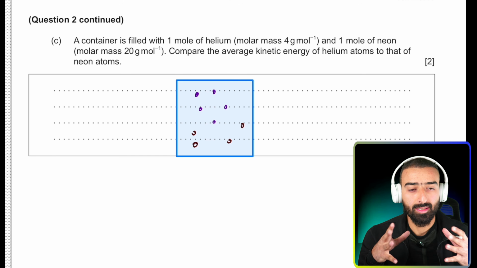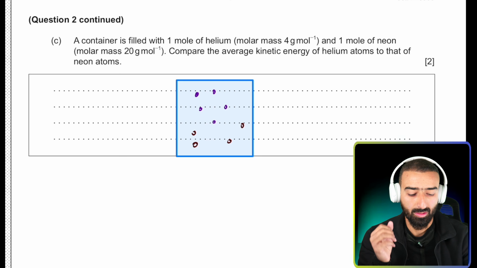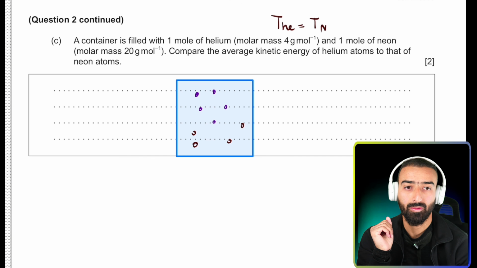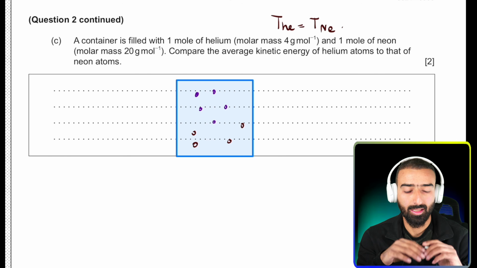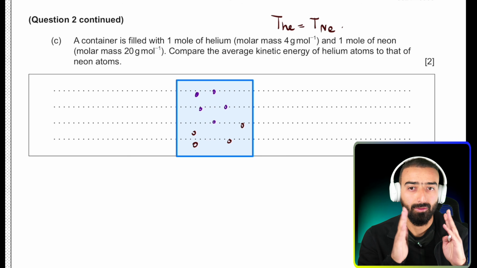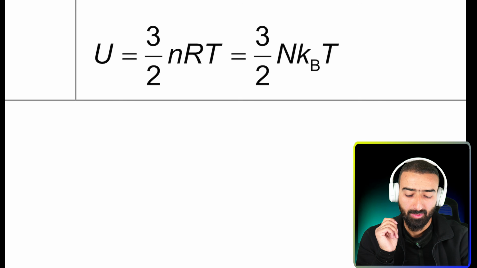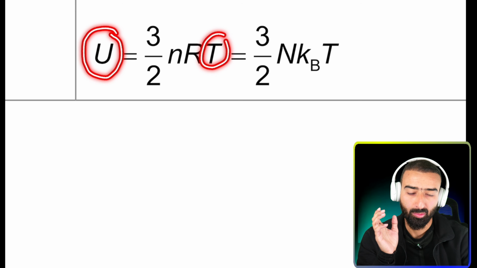But since the two gases are present in the same vessel, both of them have the same temperature. So the temperature of helium is the same as the temperature of neon. If you look at your data sheet, you'll see an equation that connects kinetic energy with temperature. That equation is present here. This is the equation that relates the total kinetic energy with temperature.